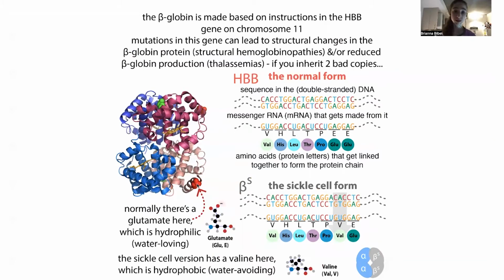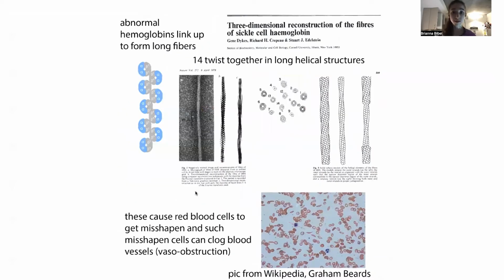This makes a hydrophobic pocket on the surface of the protein that causes it to link up, which can clog blood vessels, leading to vaso-occlusion. So basically the blood can't get through the vessels, and then you can have organ damage, great pain crises, et cetera, et cetera. So not good.